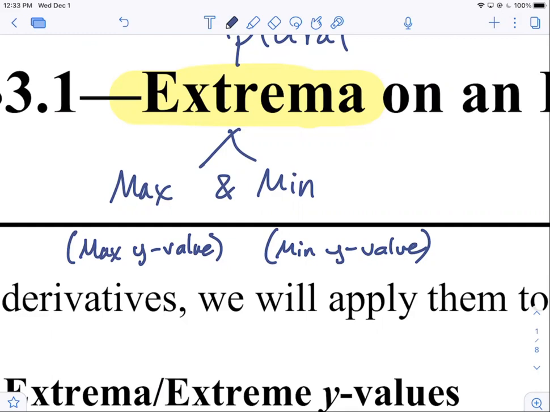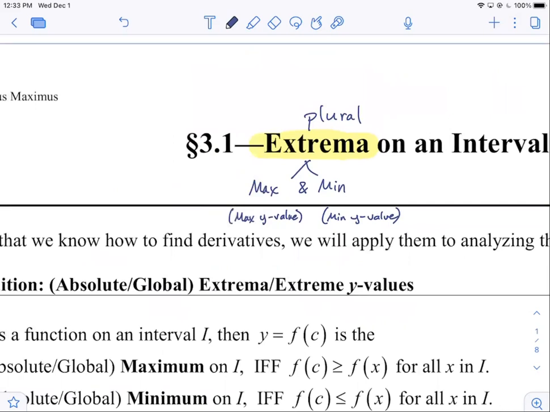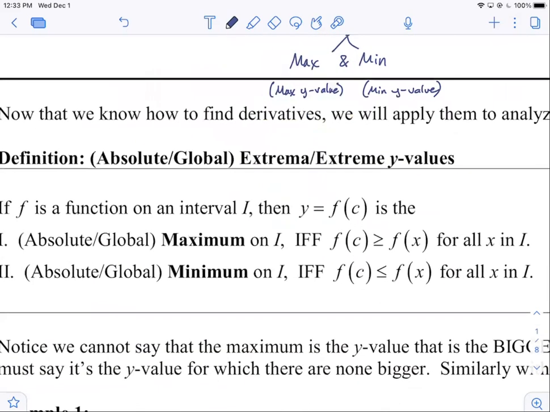And there are two different types then of extrema. We have the local, which is known as the relative as well, and then we have the global, which is known as the absolute. All right, so we need to know the difference between the two. So we'll start real quickly with this definition of what is known as either an absolute max or min, or a global max or min.